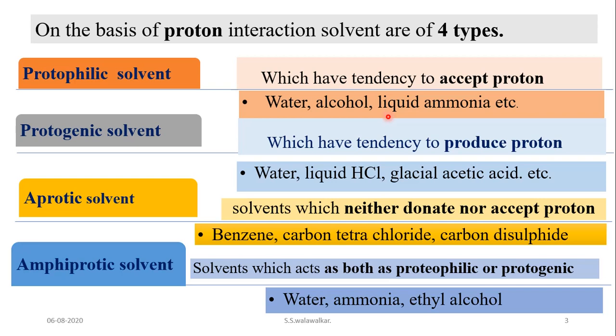Now protogenic solvent. Genic means producing, generating. So those solvents which have a tendency to produce protons are called protogenic solvents. For example, water, liquid HCl, glacial acetic acid.